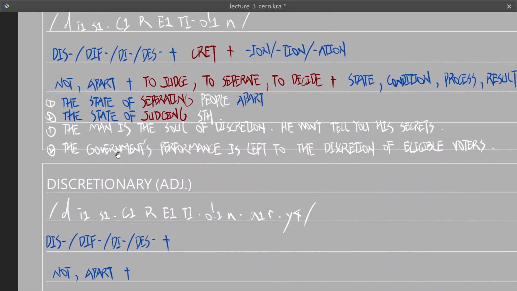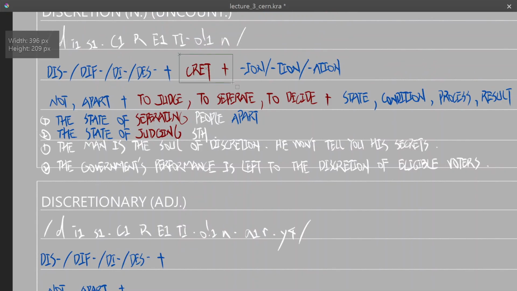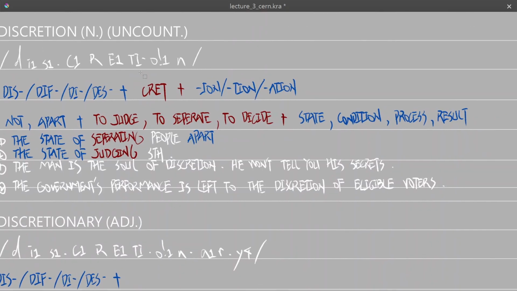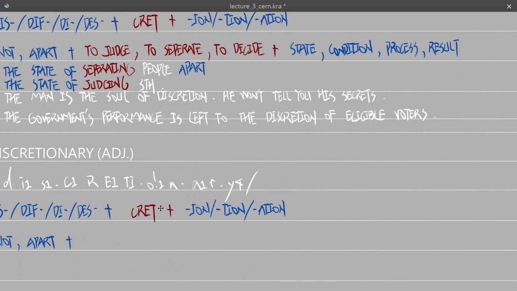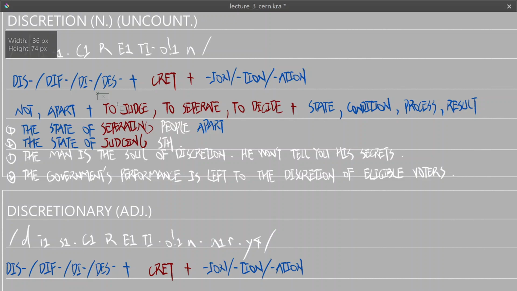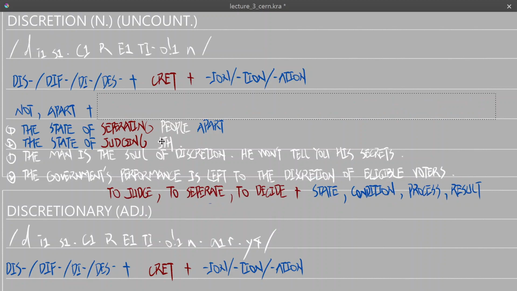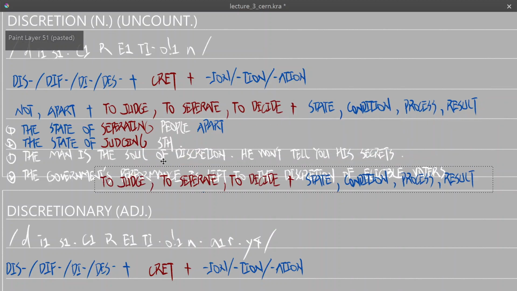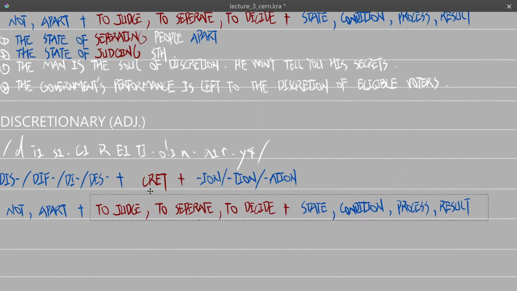Now we have again the same root, correct? So basically we copy the rest of our roots and suffixes. It's recorded in real time, so excuse me and bear with me.